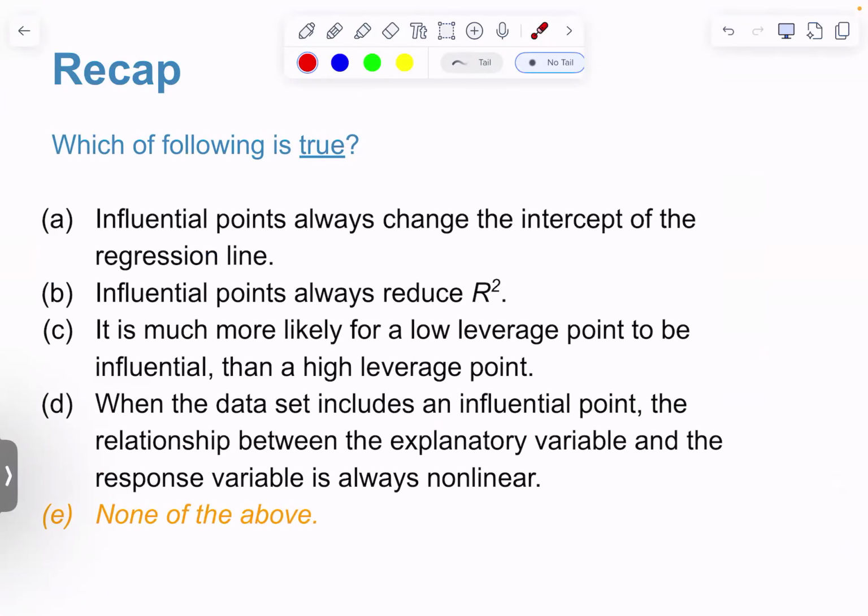Influential points are the ones that are out horizontally and would change the slope. And so influential points always change the intercept of the regression line. I guess not necessarily.